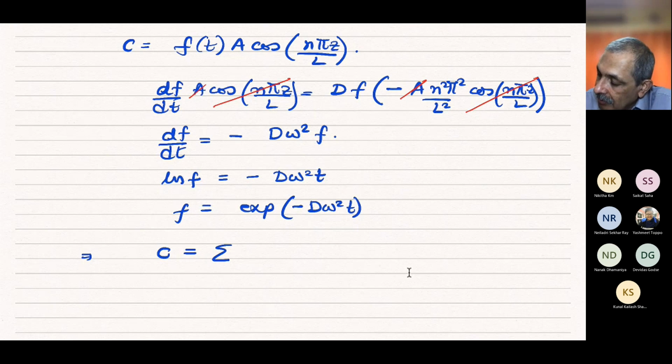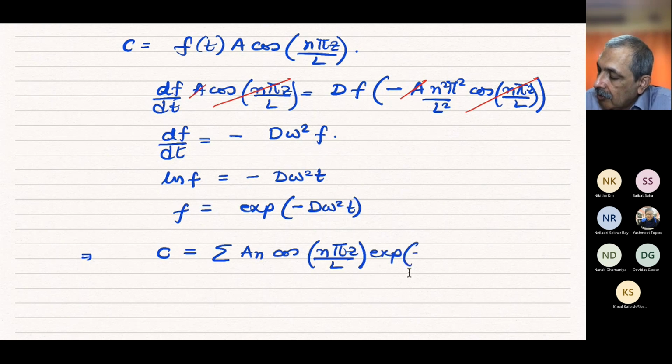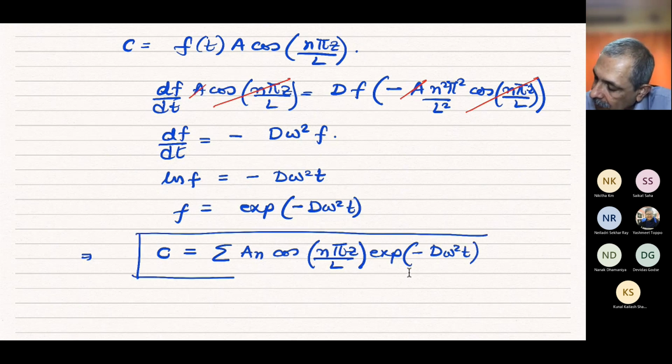So we can write this as just A_n cos of n pi z by L into exponential of, so this will give us the concentration profile.